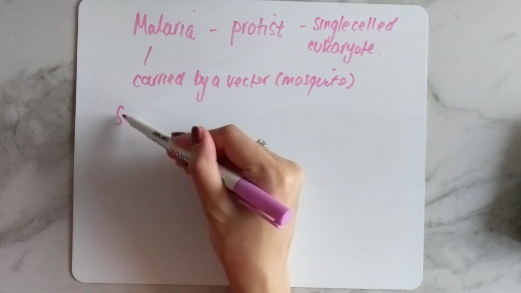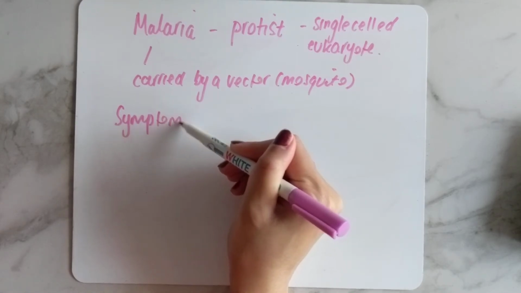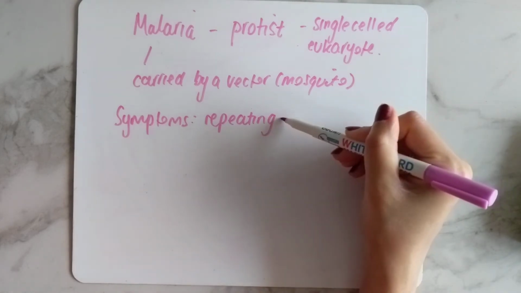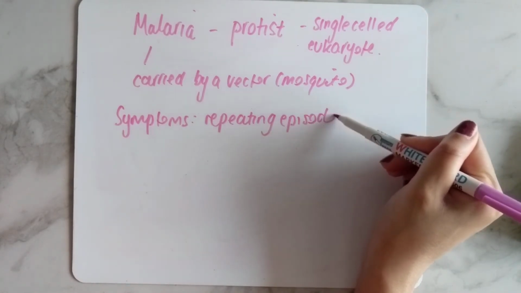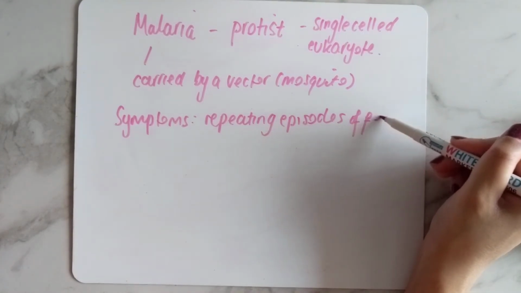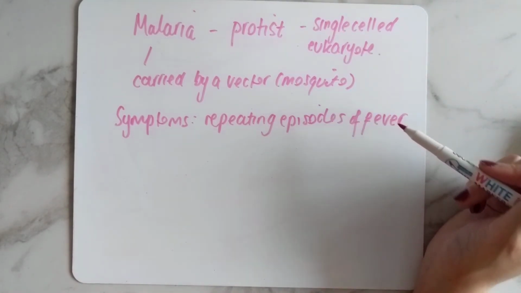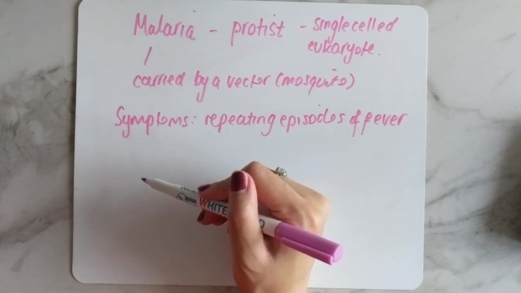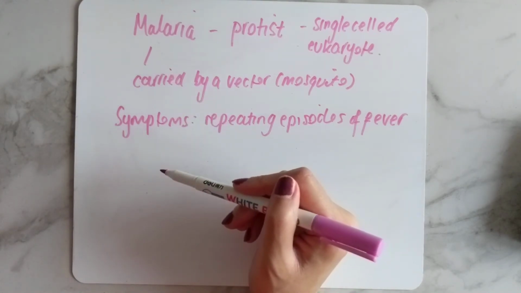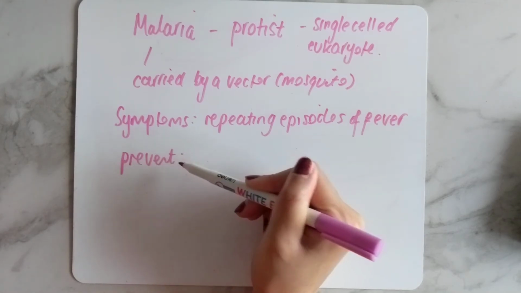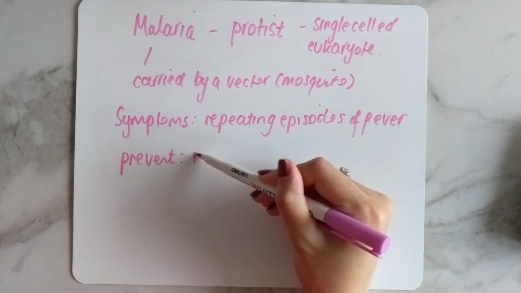So what happens is the symptoms are that you get repeating episodes of fever, which can be very, very dangerous, and you would need to go to hospital. So in order to try and reduce or prevent you getting malaria, you could use mosquito nets.